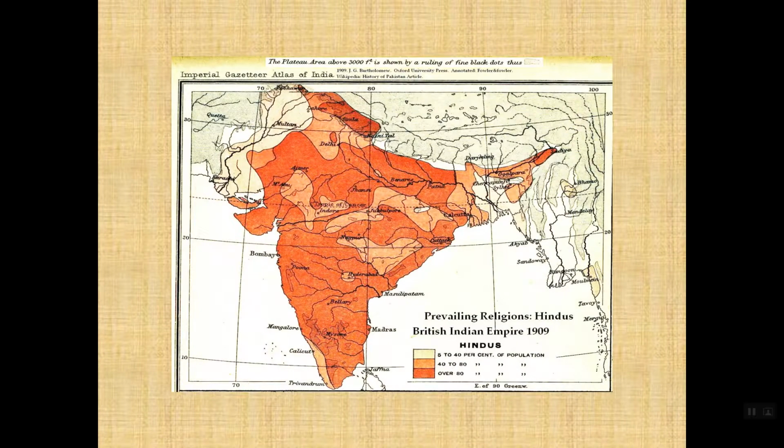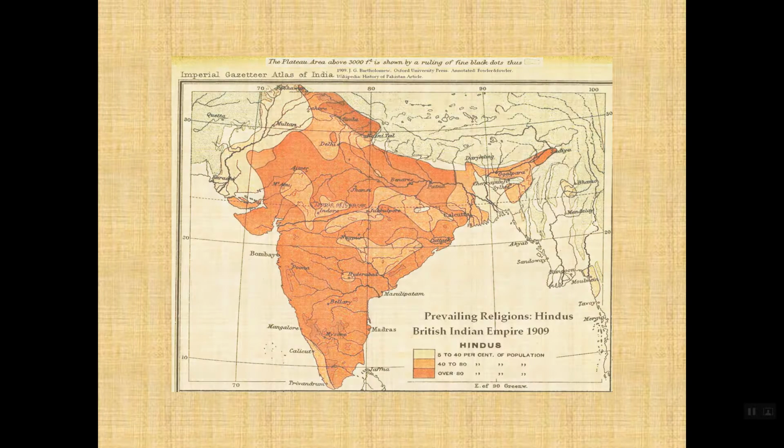So by 1909, right, what are the effects of this Muslim moving into the South Asian area? Well, Hindus did not convert, as you can see. As opposed to Spain and the Anatolian Peninsula, only 20% of the people of this area converted to Islam.